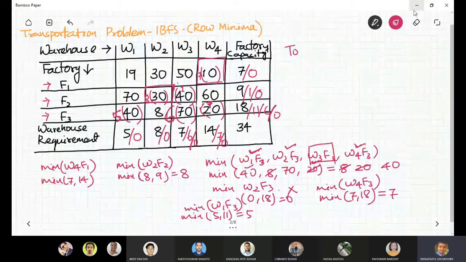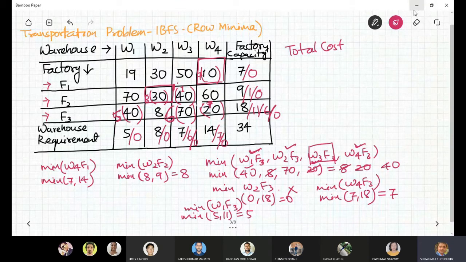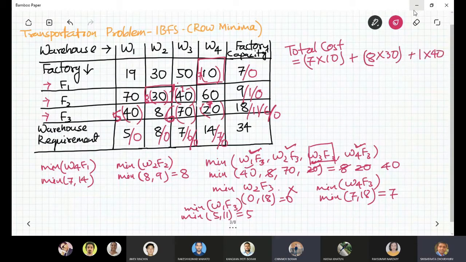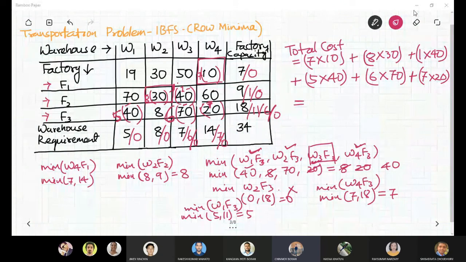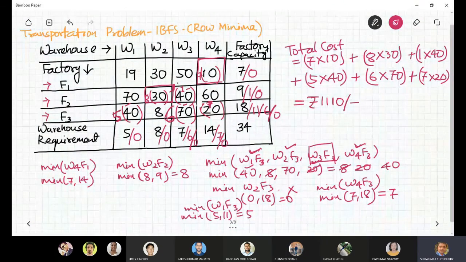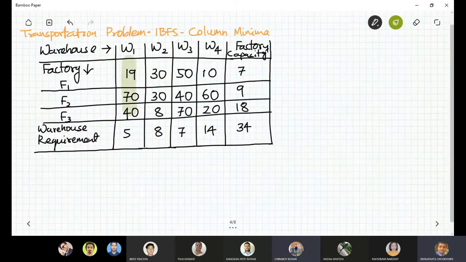So my total cost as per the row minima becomes 5 and 7.